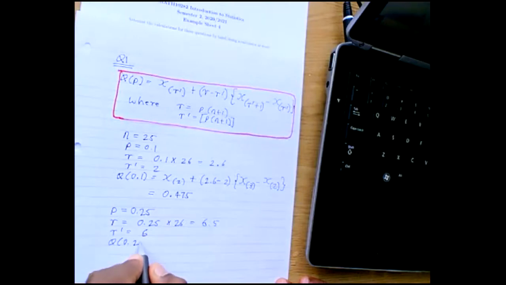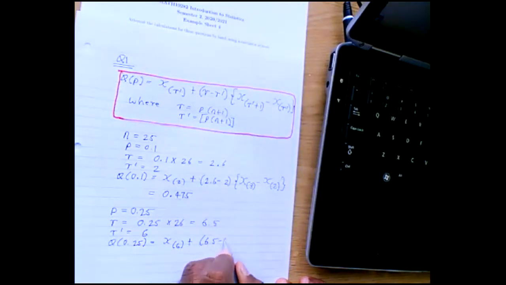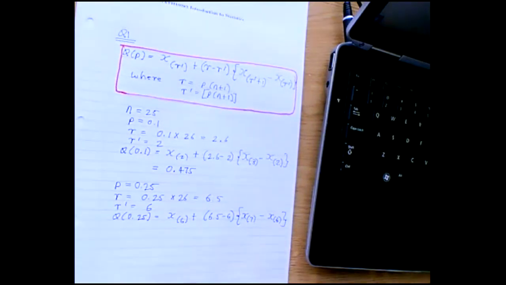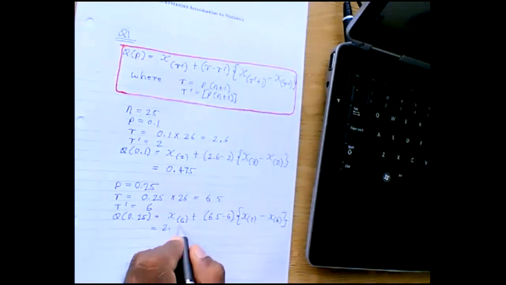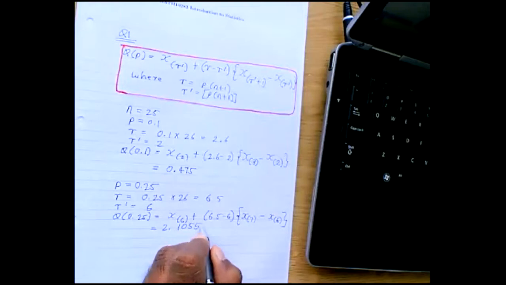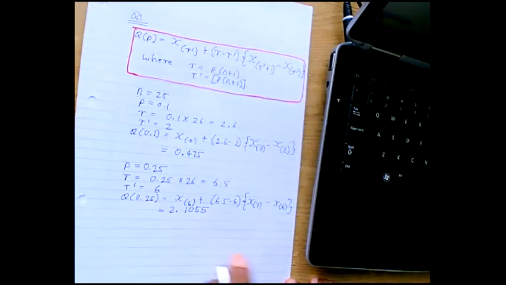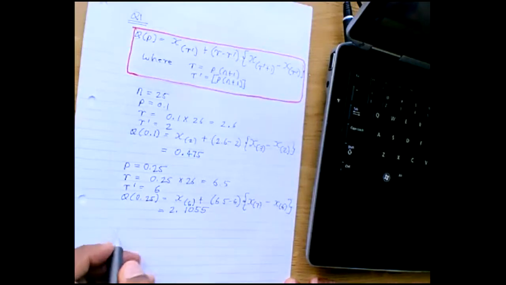So this will be like this, right? All right, guys. So if you work this out, you will get the value 2.1055. You guys okay so far? Just feel free to talk to me using the chat room if anything is not clear.